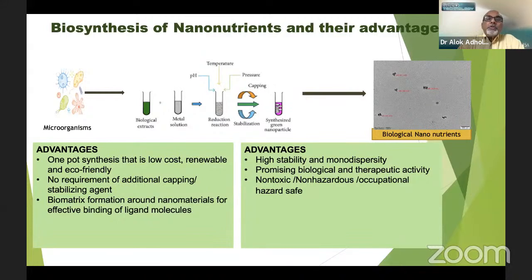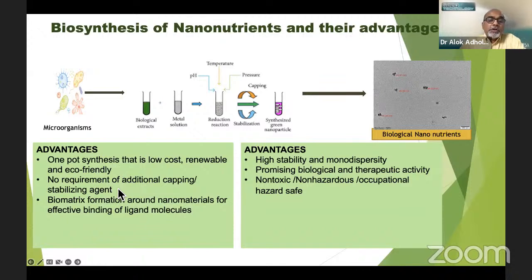I would now like to take you to the space where I would like you to know that there are very well-developed systems that we have been engaged with, and we are pursuing them with safety concerns, particularly that we are using microorganisms for developing nanomaterials. And they have different advantages. Not only is the process very efficient, but it is also a one-pot synthesis. So it does not require very high-end, high-capital equipment or investment.